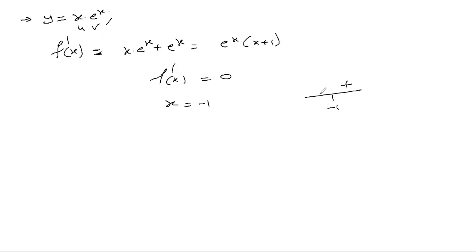Left side of negative 1, meaning negative 1.001 like that, it will clearly be negative. So first it should decrease, after that it should increase. So x equal to negative 1 is a point of local minima.